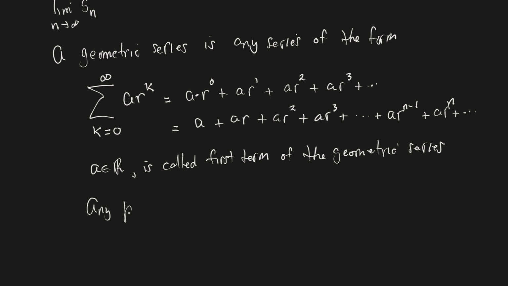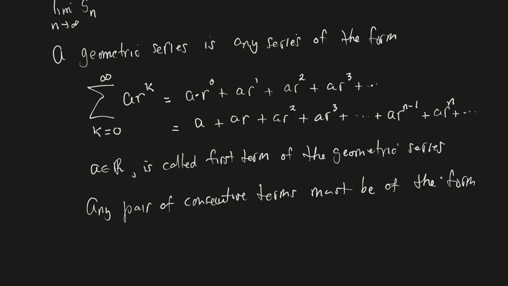So any pair of consecutive terms must be of the form ar to the n minus 1, and then the next one would be ar to the n. Now if I wanted to, I could do ar to the n, and then the next one would be ar to the n plus 1. So whichever pair I wanted to take, it would work, right?